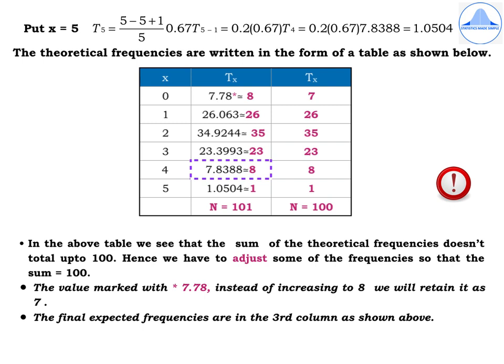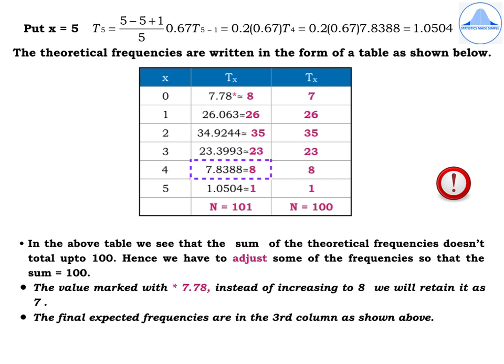Now I would like you to check the value in the Tx column, which is marked by a pink star, that is 7.78, and also observe the value 7.8388. So among 7.78 and 7.8388, 7.8388 is much closer to the whole number 8 as compared to 7.78.